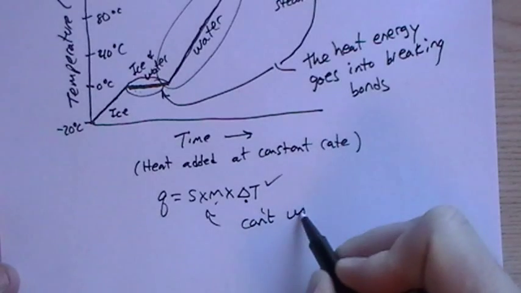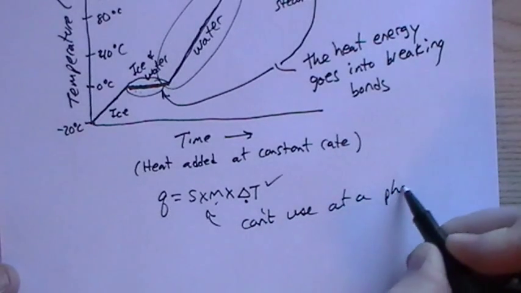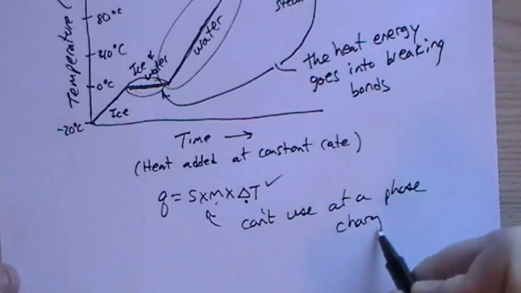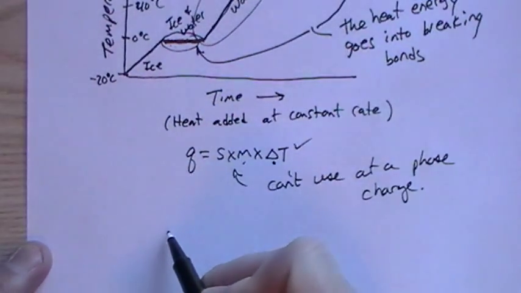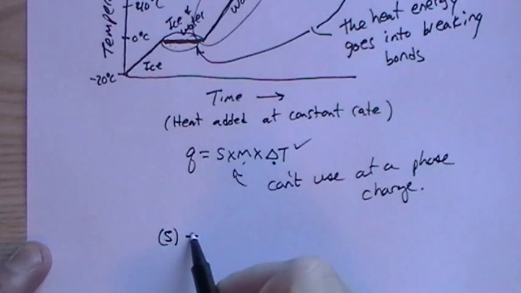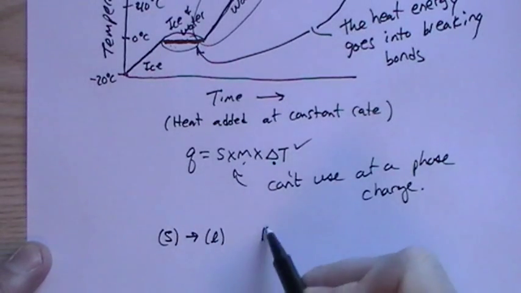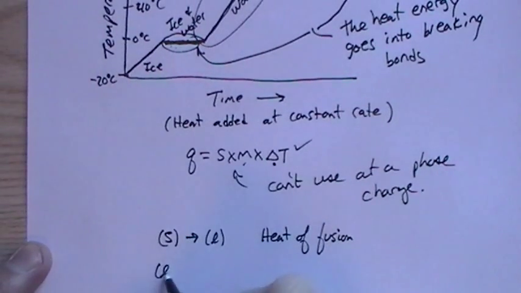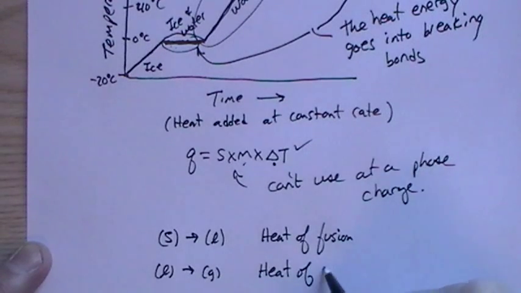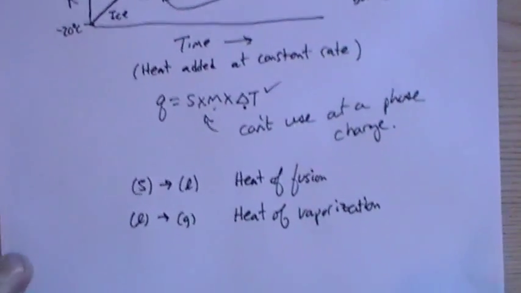Can't use at a phase change. Instead, from solid to liquid, we use what's called the heat of fusion. And from liquid to gas, we use what's called the heat of vaporization. And we'll use that in the next problem.